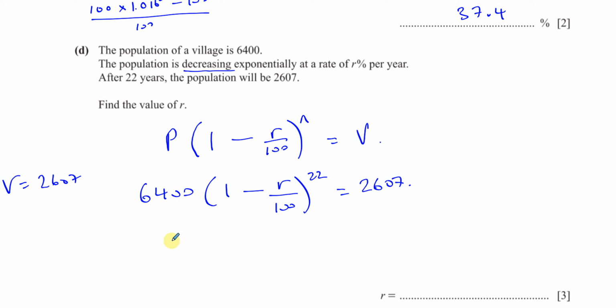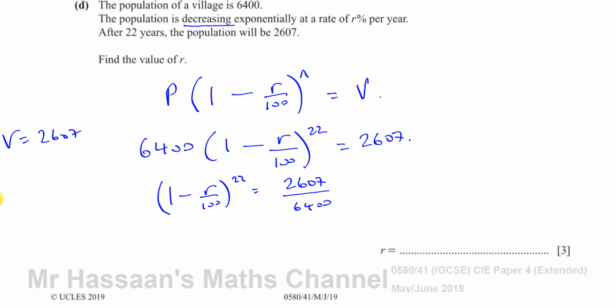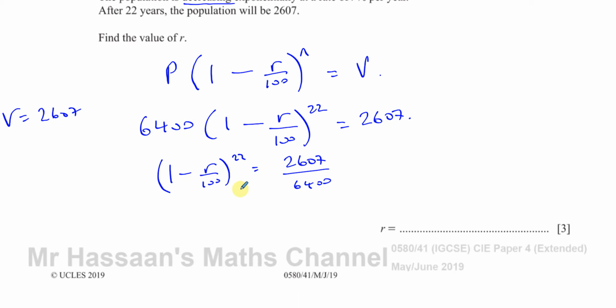To solve this, I'll have 1 minus r over 100, all of that to the power of 22, is equal to 2,607 over 6,400. The next step is I will take the 22nd root of both sides of the equation. So I have 1 minus r over 100 equals the 22nd root of 2,607 over 6,400.